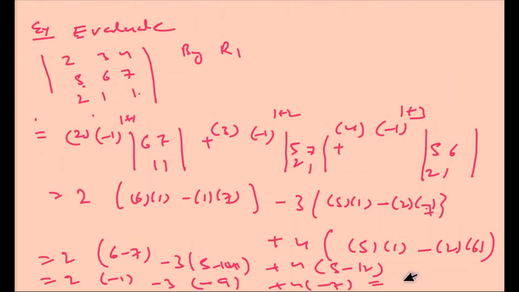So what is the value here? We are getting minus 2 plus 27 minus 28. So the answer is minus 2 plus 27 minus 28, and what do we get?